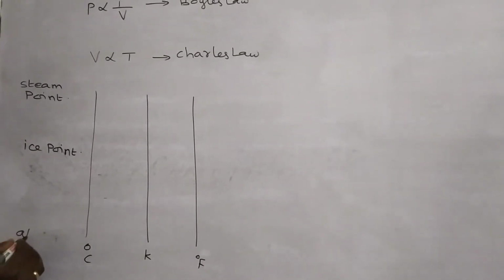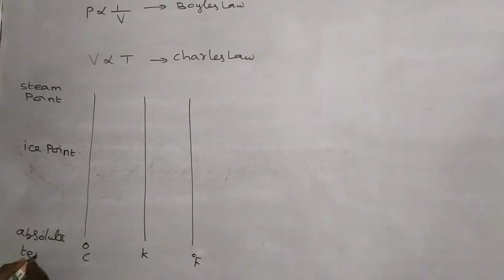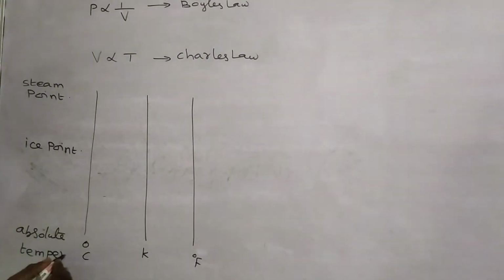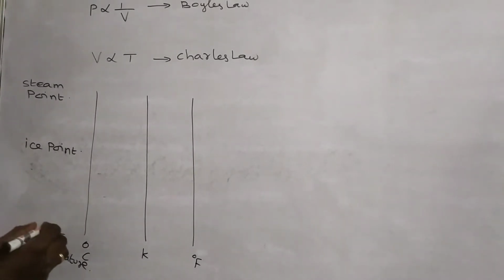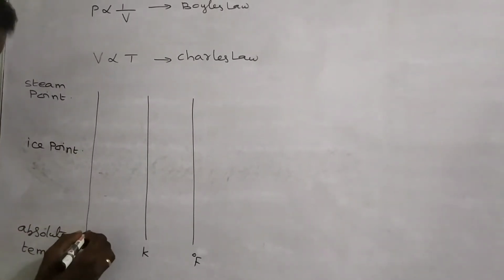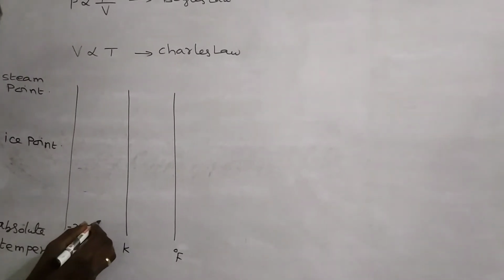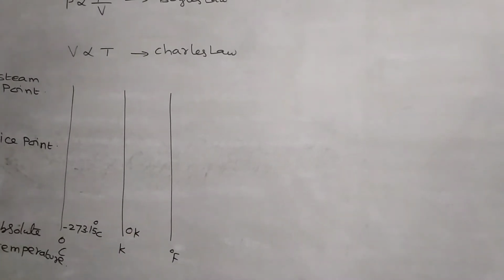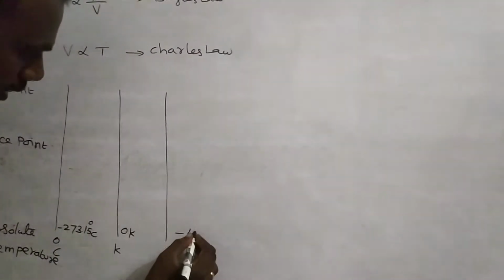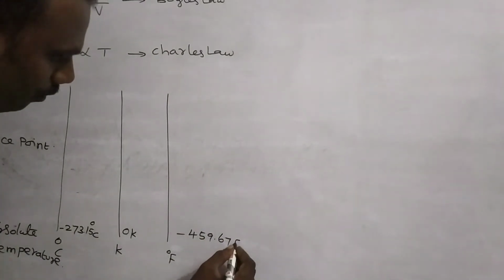Then absolute temperature. Absolute temperature in Celsius is minus 273.15 degrees Celsius, which is equal to 0 Kelvin, which is equal to minus 459.67 Fahrenheit.